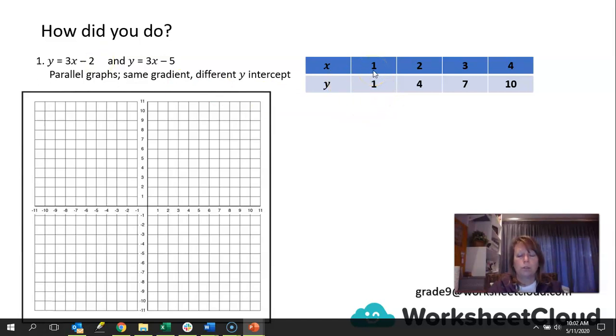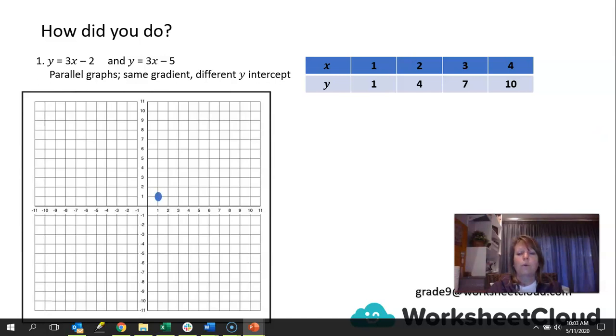So if we substitute 1 into this formula, 1 times 3 is 3, minus 2 gives me 1. 2 times 3 is 6, minus 2 is 4. 3 times 3 is 9, minus 2 is 7. And 4 times 3 is 12, minus 2 is 10. Right, let's plot this graph before we do anything else.